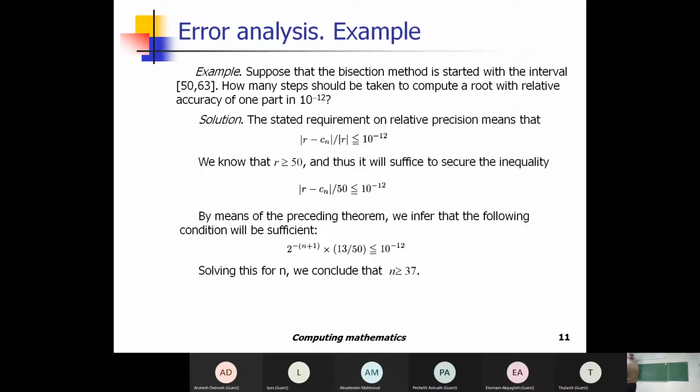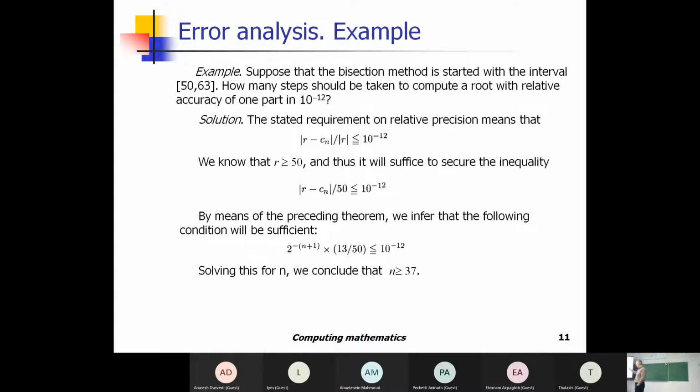This ratio should be smaller or equal to 10 power minus 12. According to the problem, R is greater than 50, because the interval is from 50 to 63.